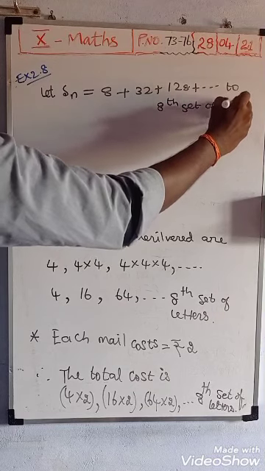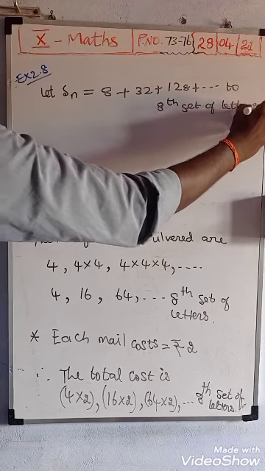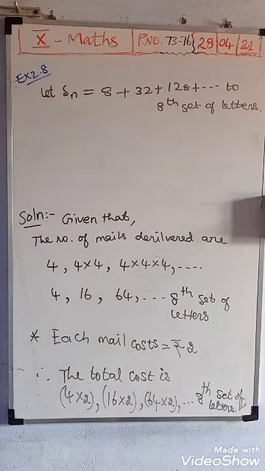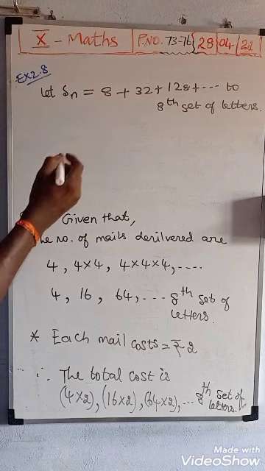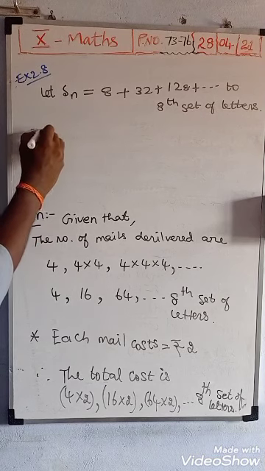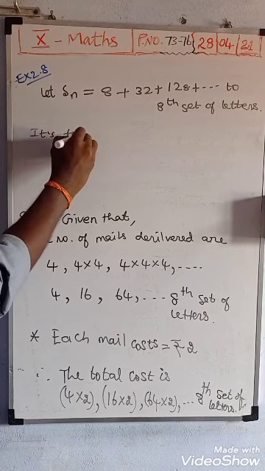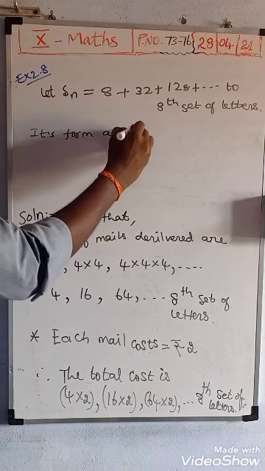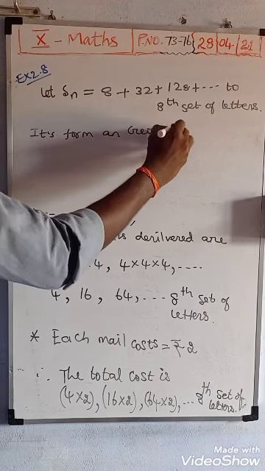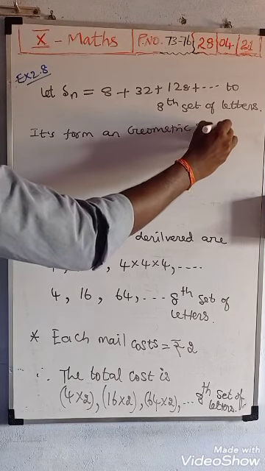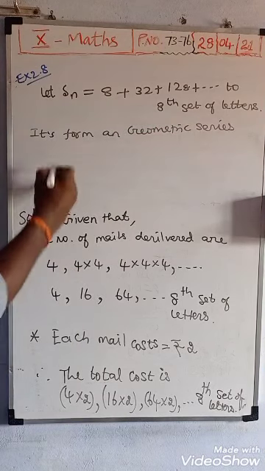You should multiply and write. Now this is called a geometric series, because you see the ratios are equal.